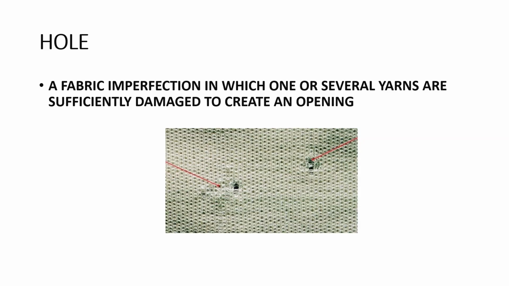If such things happen, it is a major defect, because you cannot sell a fabric with a lot of holes in it. So here yarns are getting damaged, an opening or imperfection has been formed, and the defect is called a hole in the fabric.